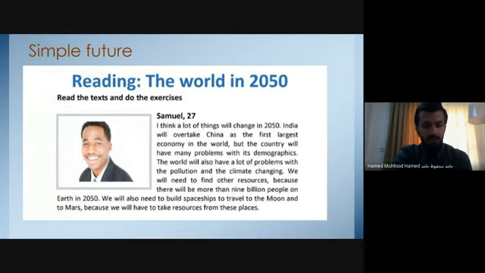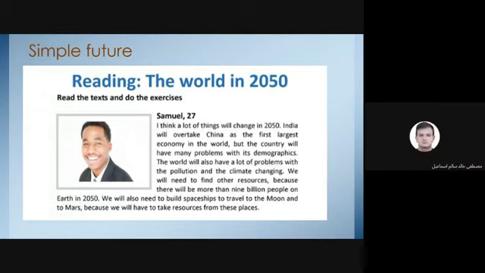Mustafa? I think a lot of things will change in 2050. India will overtake China as the first largest economy in the world, but the country will have many problems with the demographics. The world will also have a lot of problems with the population and the climate changing.